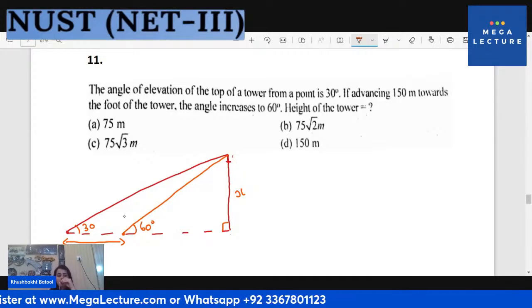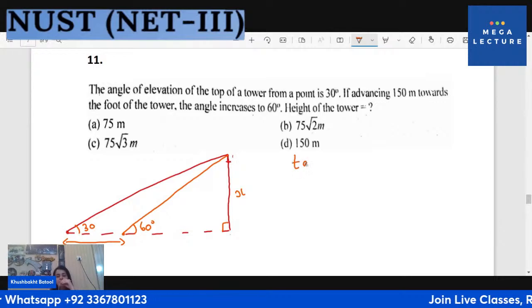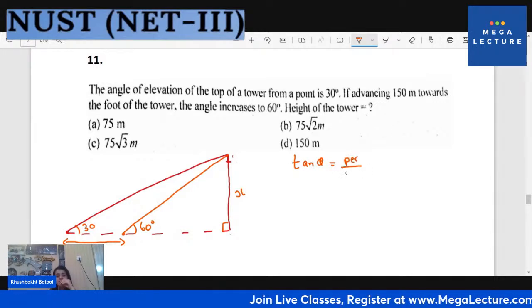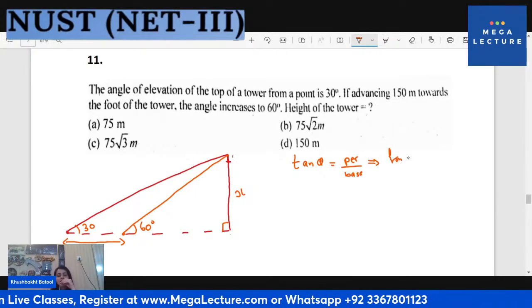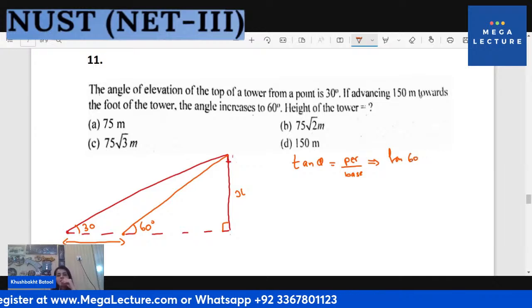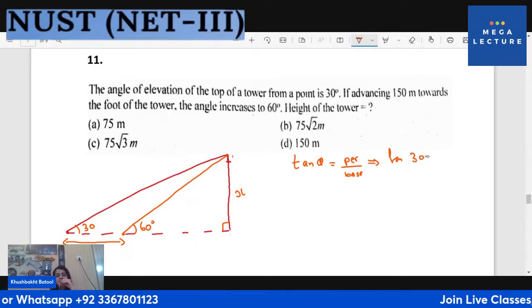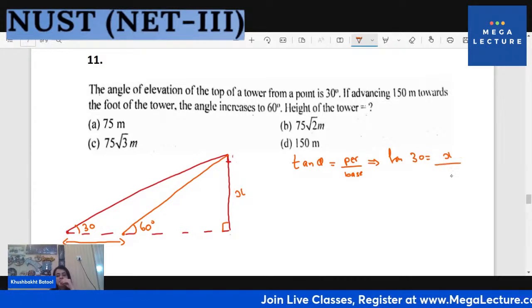Now, what do I know? I know that tan theta is basically equal to the perpendicular side divided by the base. So using this concept, let's talk about tan 30 first. Tan 30 is equal to x, that is the perpendicular side, divided by the base which I need to find.